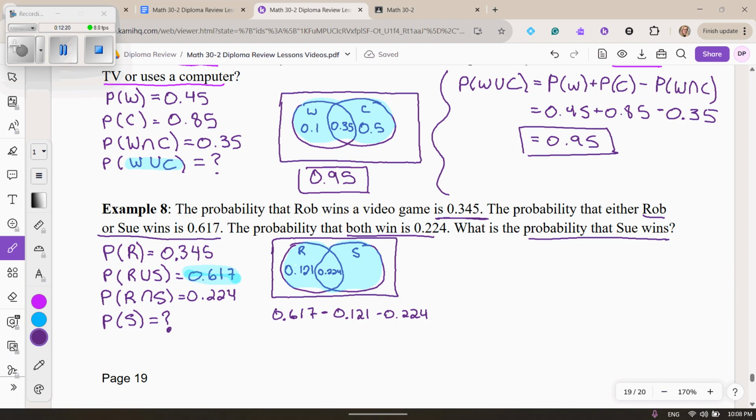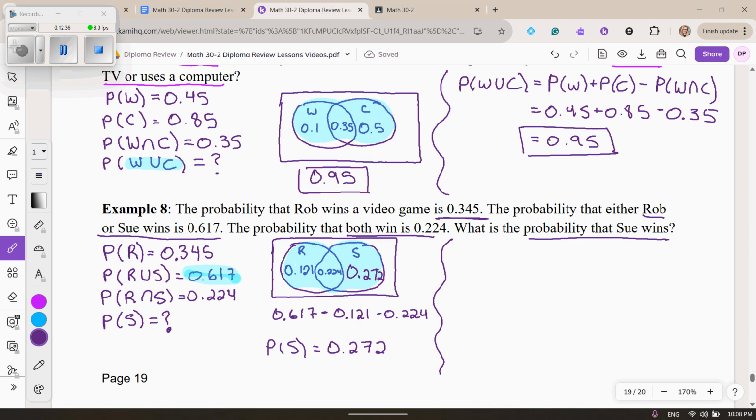If I type that into my calculator right, I get 0.272. So that means the probability that Sue wins is 27.2%, or 0.272.